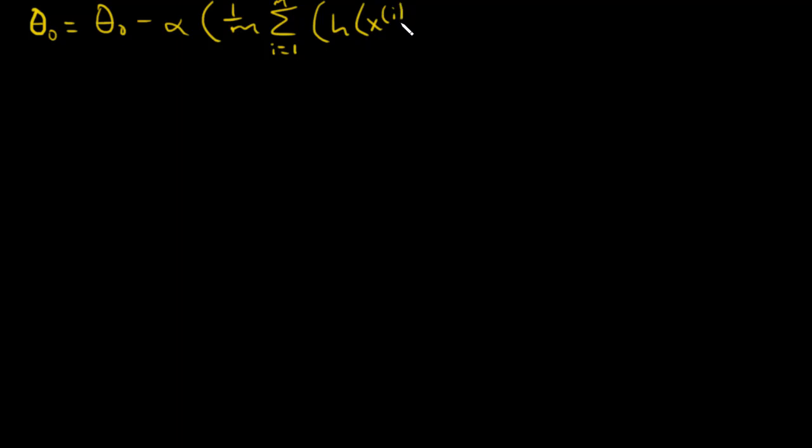Let's say that we're in our code and we have theta 0 equal to theta 0 minus alpha times 1 over m summation i from 1 to m of h(x_i) minus y_i times x sub 0, i, right?